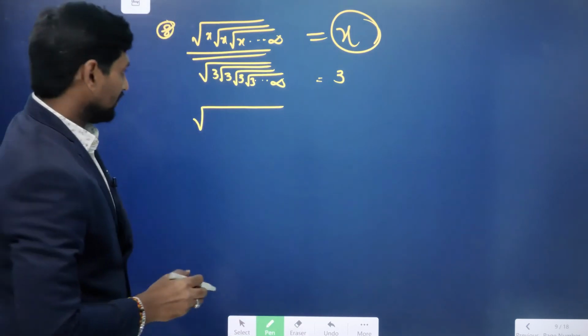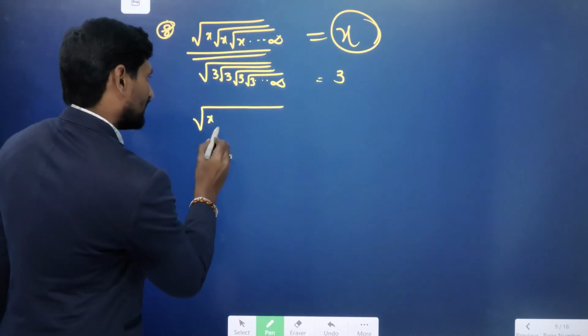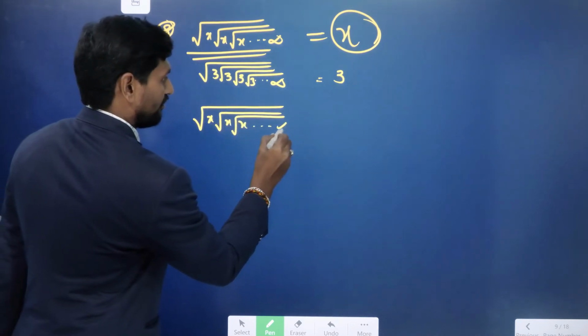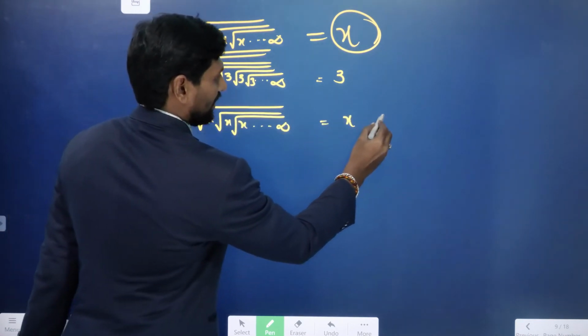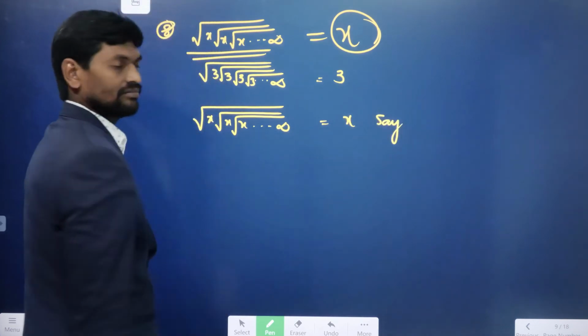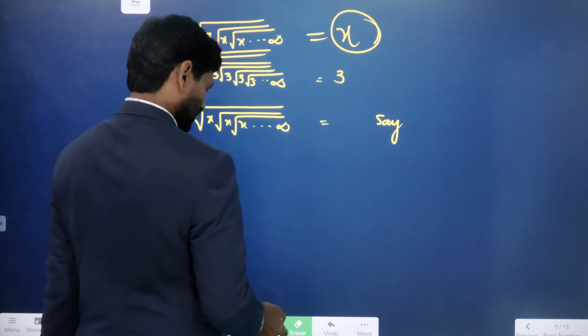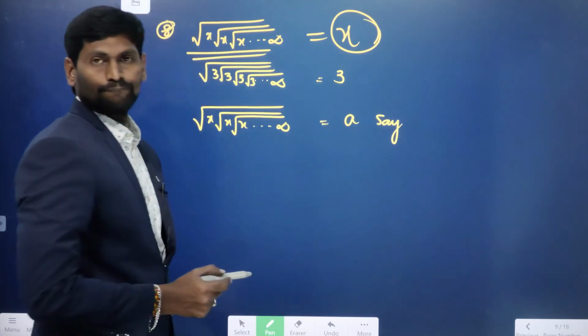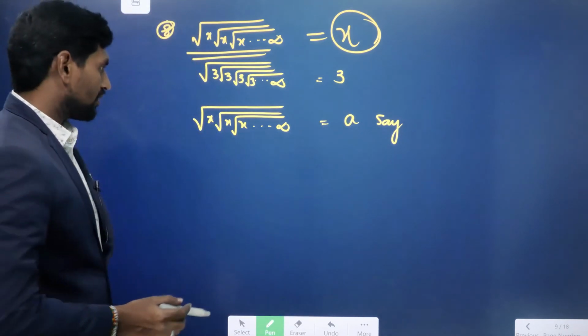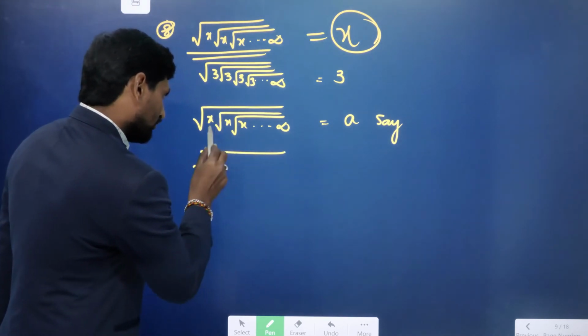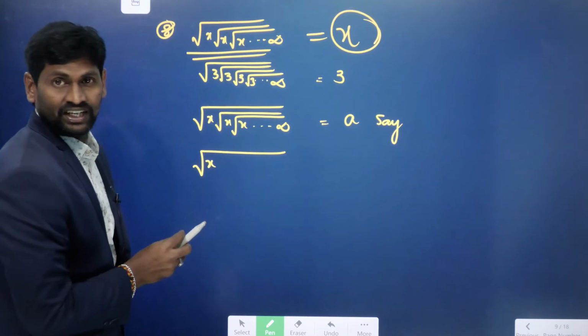So let us find it. So this is root x into root x into root x and so on, infinity. Let us take this value as x or a, whatever you want you can take. Let us take it a. Okay na? Now in the place of the first x I can write it as it is.